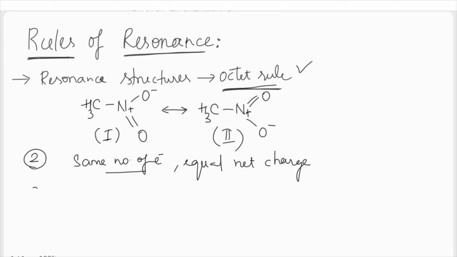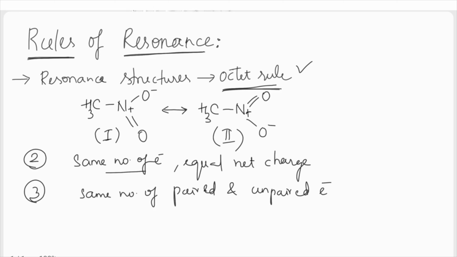This is the second rule that each canonical form should have. They should also have the same number of paired and unpaired electrons. Paired electrons are nothing but bonded electrons, and unpaired electrons are nothing but lone pairs of electrons. So they are also the same. Hence these two structures are considered proper and valid resonance structures.